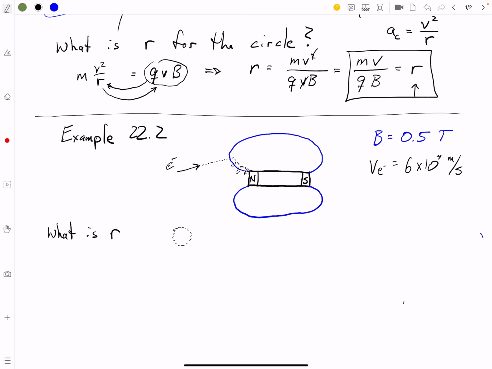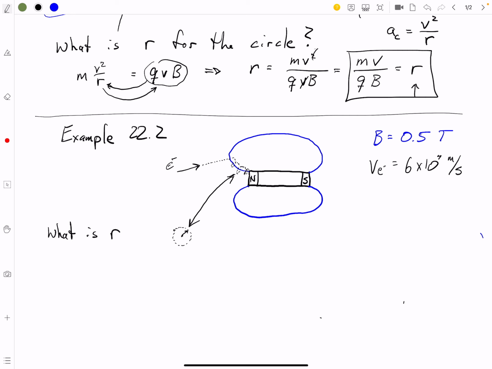Imagine that it's going like this in a helical coil, and we want to know this radius. I could have drawn that bigger, but essentially these are the same coiled fields. So that's what's going to happen. It's going to come in and get wrapped around that. What is the radius?